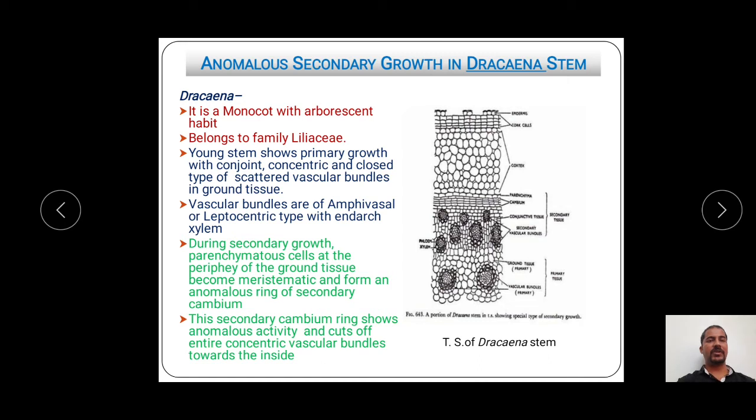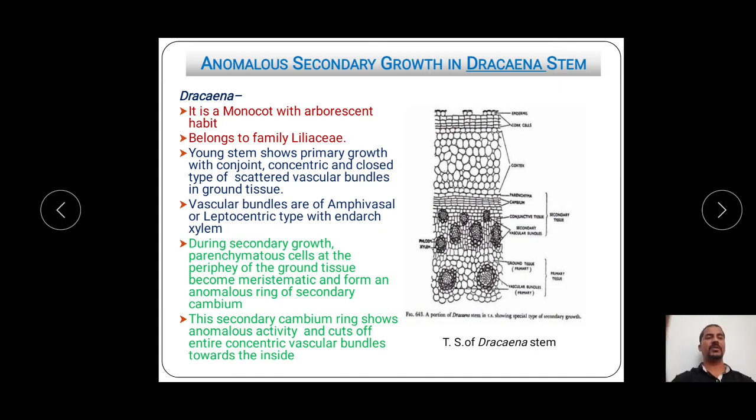This secondary cambium ring shows anomalous activity and it cuts off entire concentric vascular bundles towards the inner side.